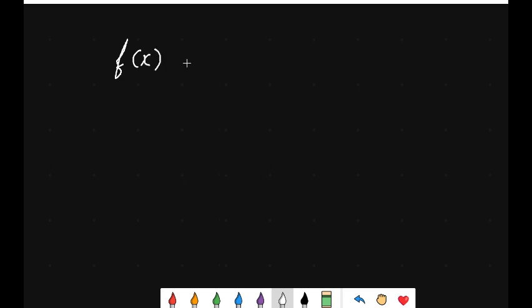Now, the derivative of f of x is, sometimes we denote it as f prime of x. Okay, we just put a dash on the top. So f prime of x is the derivative of f of x. Okay.